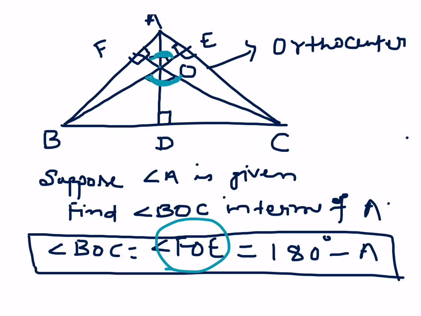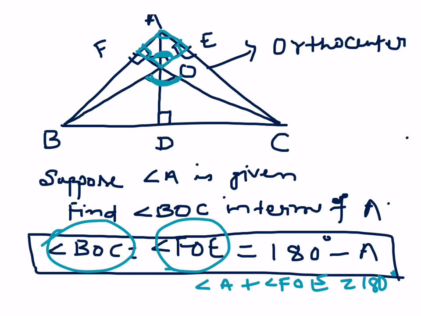Angle FOE is equal to angle BOC, and this quadrilateral will have two angles as 90 degrees and one angle FOE and one angle A. So you can write angle A plus angle FOE equal to 180, because the total angle has to be 360 degrees and two are already summing up to 180 degrees, this and this. So these two will sum up to 180 degrees. So angle A and angle FOE become 180 degrees, and angle FOE comes in terms of A as 180 minus A.